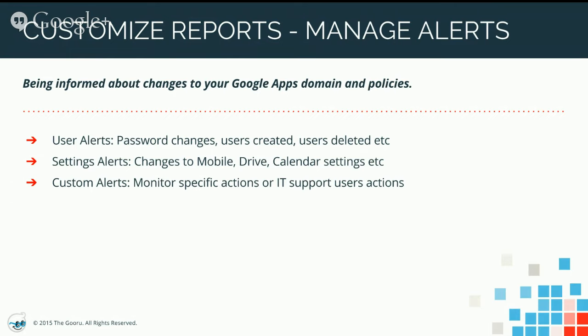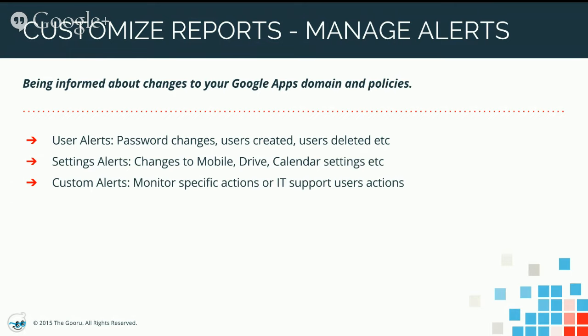In the customized report section, they're broken down into user type alerts like password changes, users being created, users being deleted, etc., to settings changes that might affect your domain either in mobile, drive, or calendar.